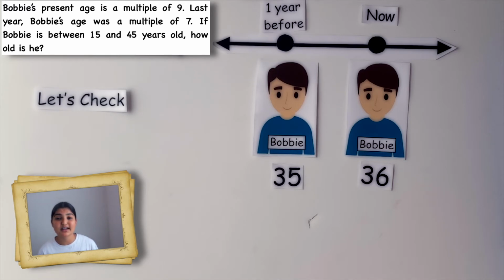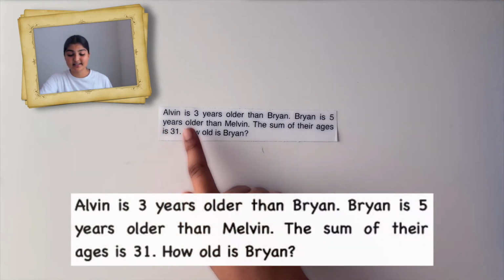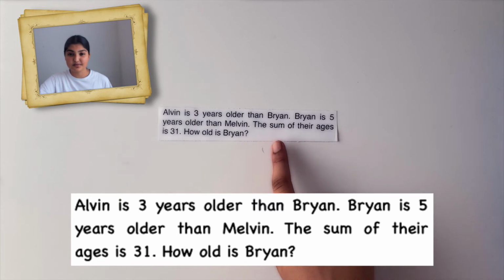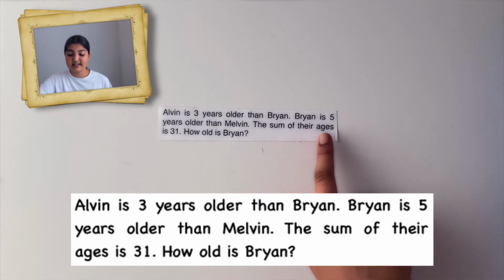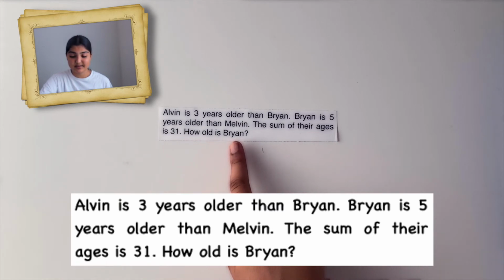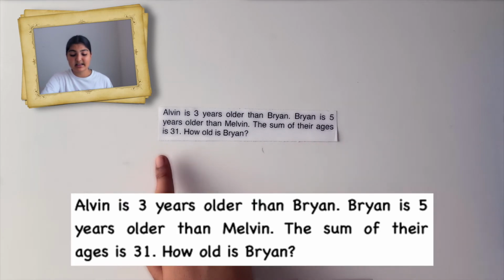Now, let's look at another example. Alvin is 3 years older than Bryan. Bryan is 5 years older than Melvin. The sum of their ages is 31.